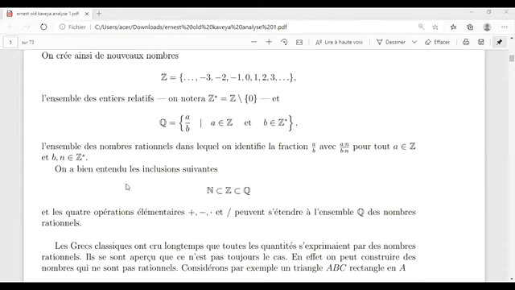On continue alors. On a bien attendu les inclusions suivantes: N inclut les nombres naturels, qui inclut les nombres rationnels. Inclusion: what does inclusion mean? C'est quoi les inclusions?